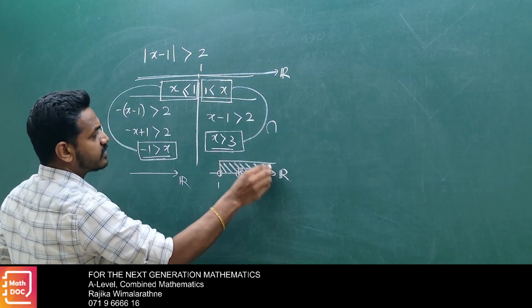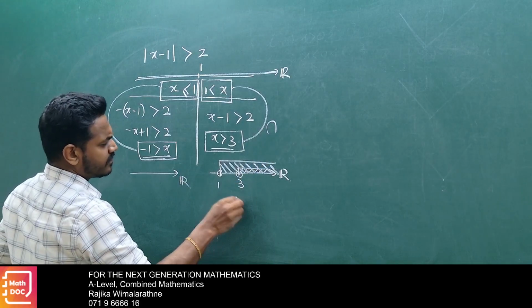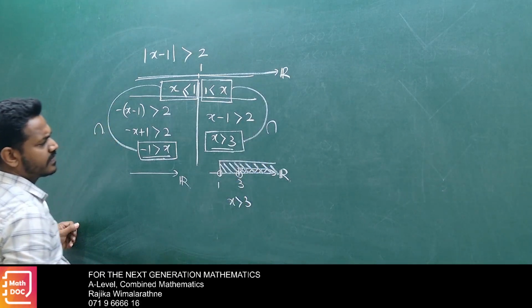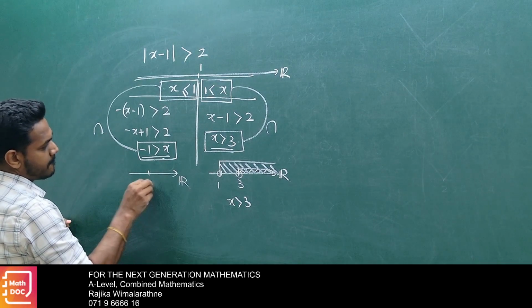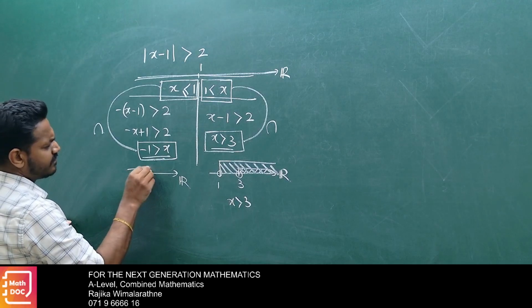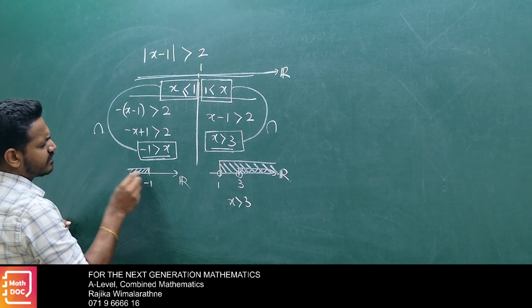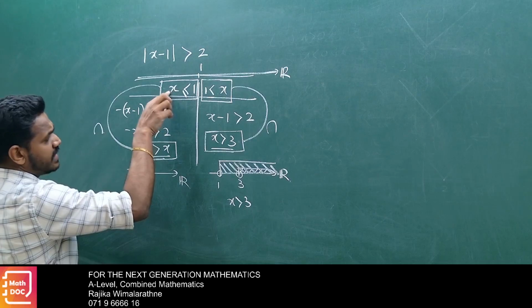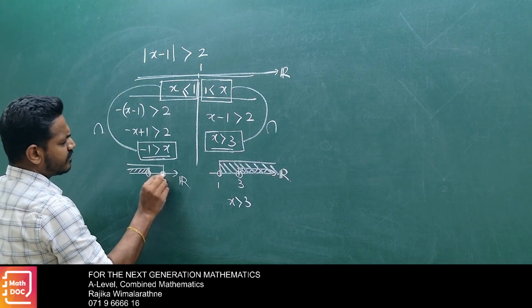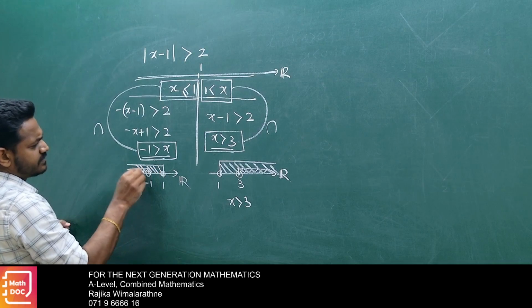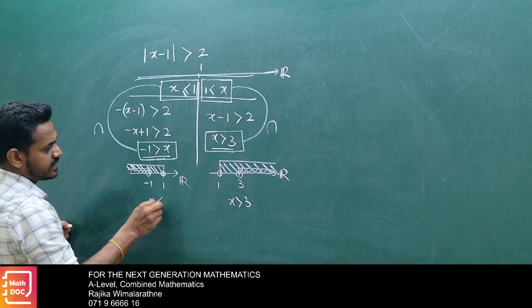Intersection means common region, no? x greater than 3. Then here x less than minus 1 and here x less than or equal to 1. The intersection is x less than minus 1.